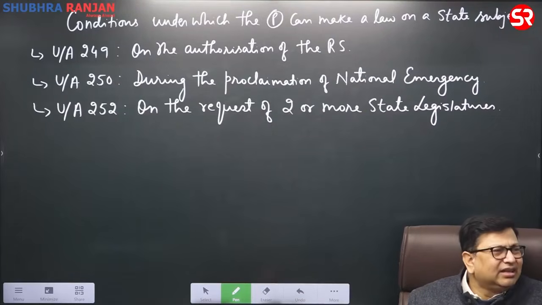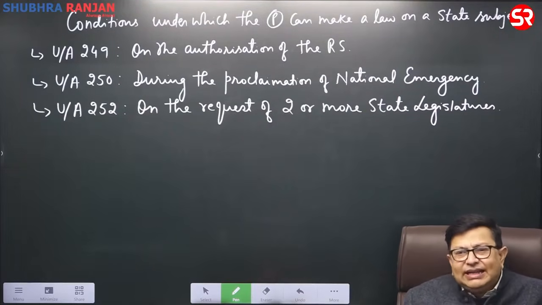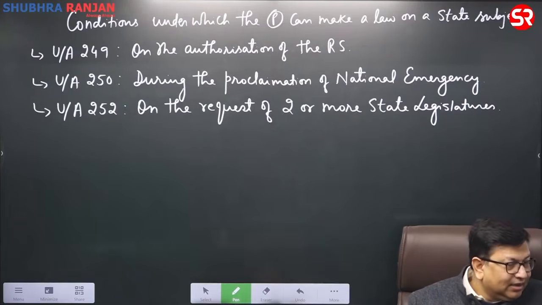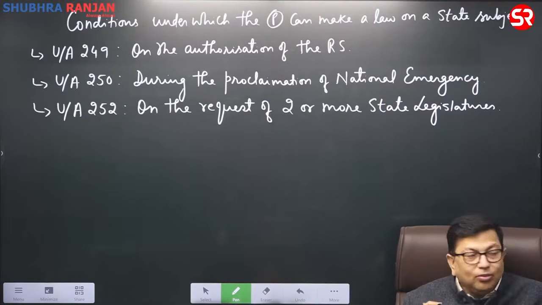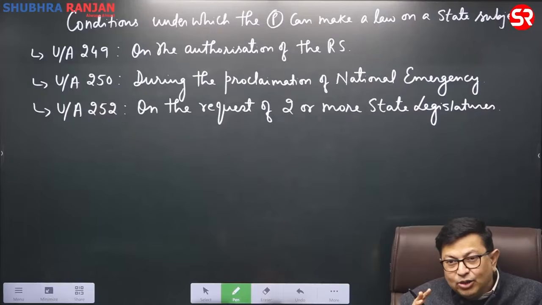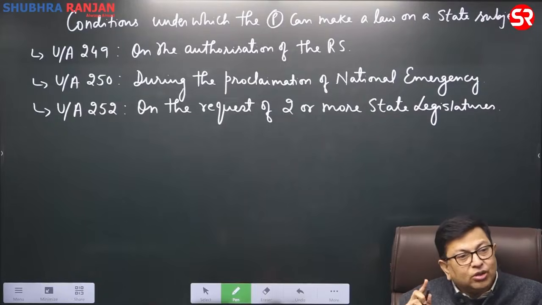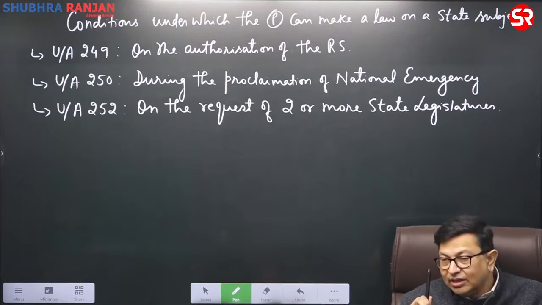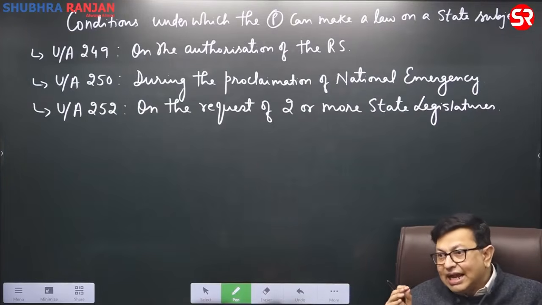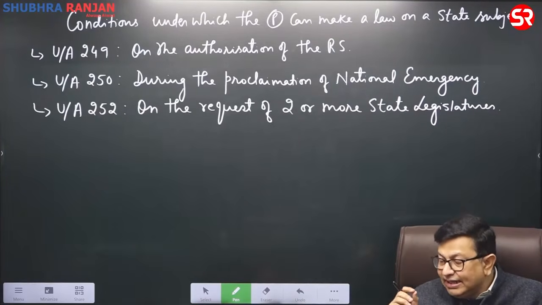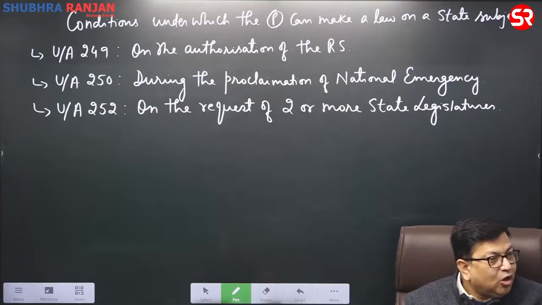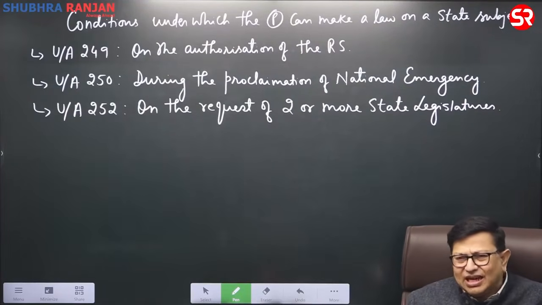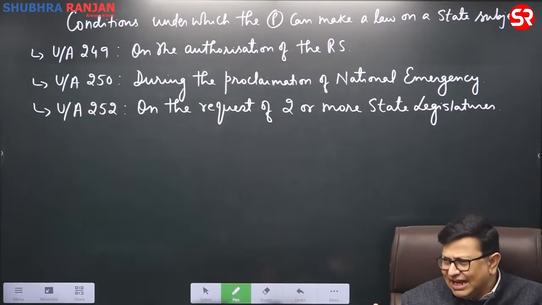ऐसा बहुत कम होता है. Rarely we have seen. Way back in 1975, Punjab and Haryana had requested the parliament to make laws related to urban land. So the parliament had passed the Urban Land Ceiling Regulation Act, which was binding on both Punjab and Haryana. तो वो ULCRA बोलते थे, Urban Land Ceiling Regulation Act.